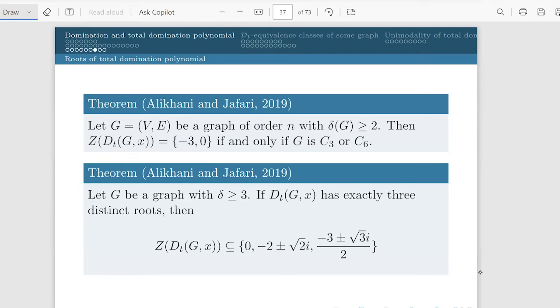I think this is interesting that these four numbers are roots again for the ordinary domination polynomial.